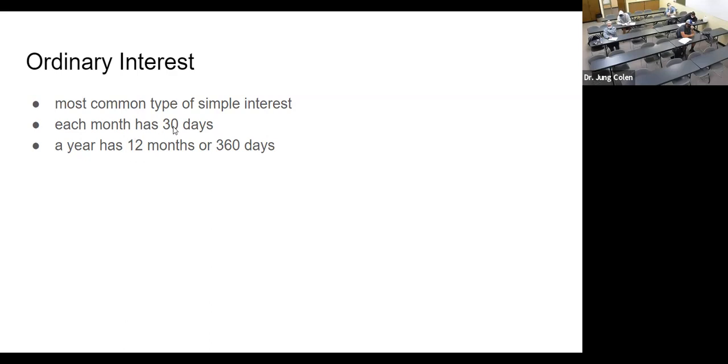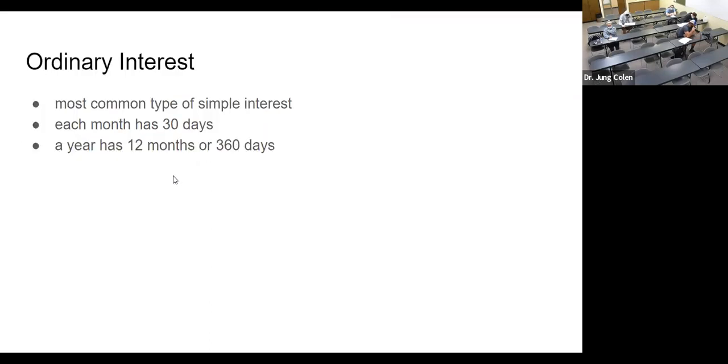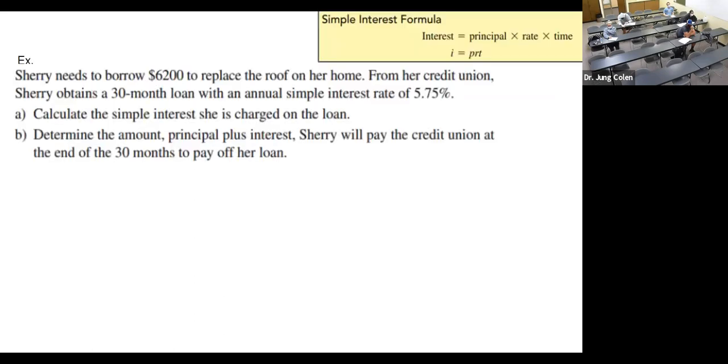So if we have 12 months and each month is 30 days, 12 times 30 is 360 days rather than 365 days, okay? So when we are doing ordinary interest, we are considering the time as 1 year, same as 12 months, or 360 days. Okay, and each month will be counted as 30 days. So we can be kind of fair to each month.